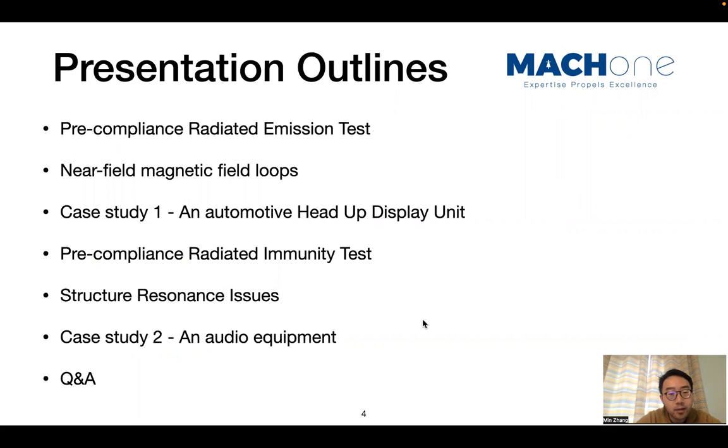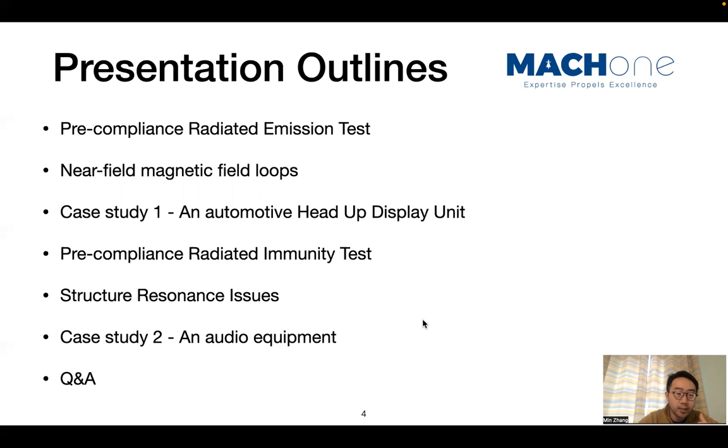In today's presentation, here shows you the outline. We're going to talk mainly about two aspects. The first part of the presentation will focus on radiated emission, while the second part will talk about radiated immunity. In both sessions, we're going to provide a case study.